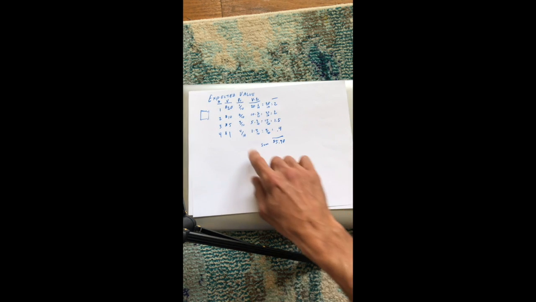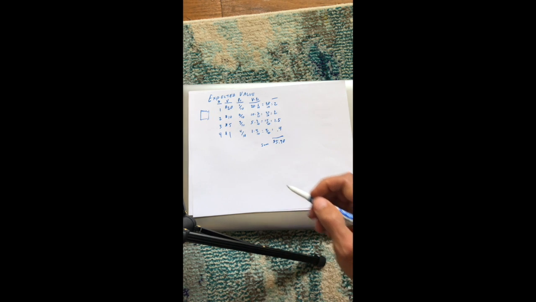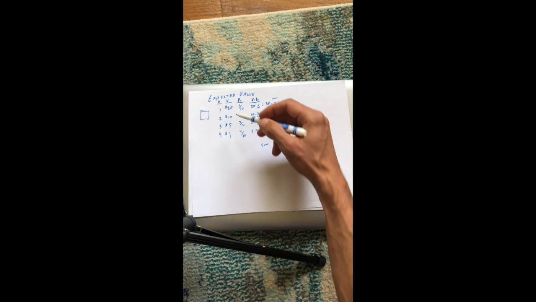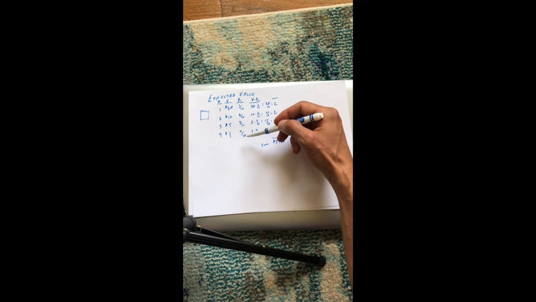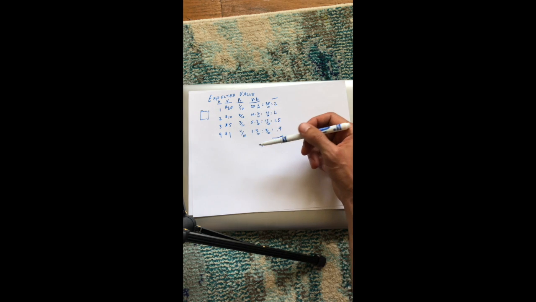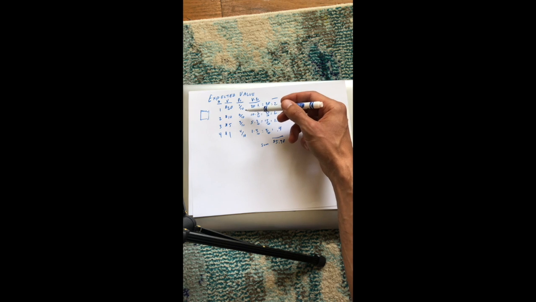So let's take this example we just did, and let's see what happens if we sum these values and divide them by 10, because that's how many outcomes there are.